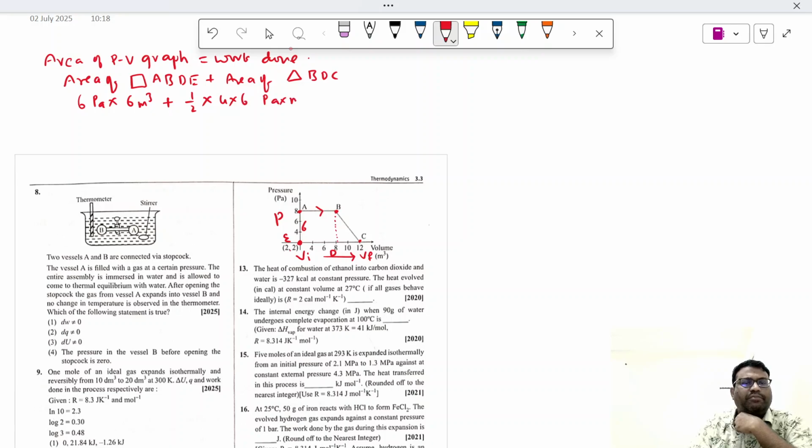Pascal into meter cube. 6 sixes are 36 plus, 2 times cancel, 2 sixes are 12. That is equal to 48 Pascal into meter cube. So the answer is 48. Okay, so understood.